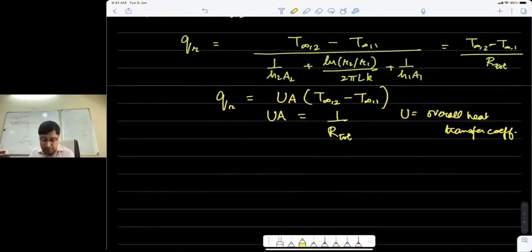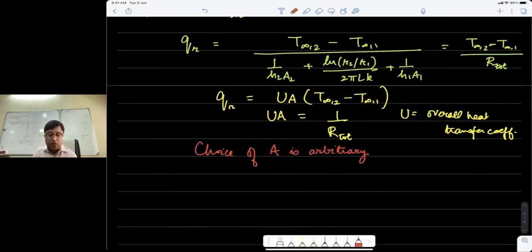Now, there's no simple answer for this, except I can say that the choice of area, the choice of A, is arbitrary. That is the simplest answer I can give you. What I mean by arbitrary is that we choose a specific area in the problem, and correspondingly the overall heat transfer coefficient gets defined.